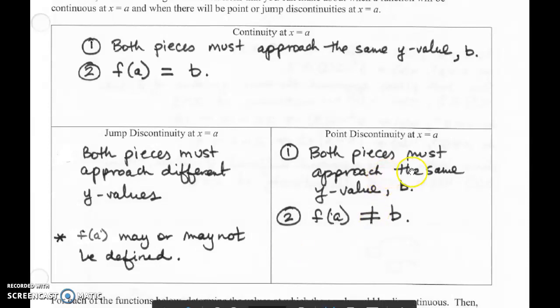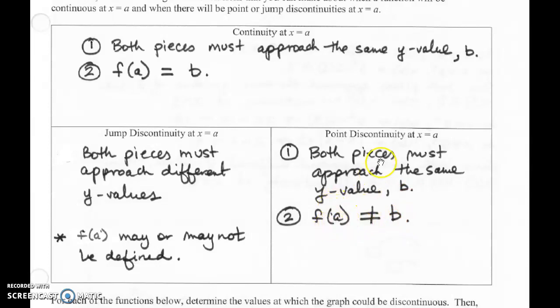And then the point discontinuity, it's two of the three things are equal. And now it's specific which two things. If the left side is equal to the right side, so again, defines it as b as the y value that's the same, but that y value cannot equal f of a, so what it's defined as.